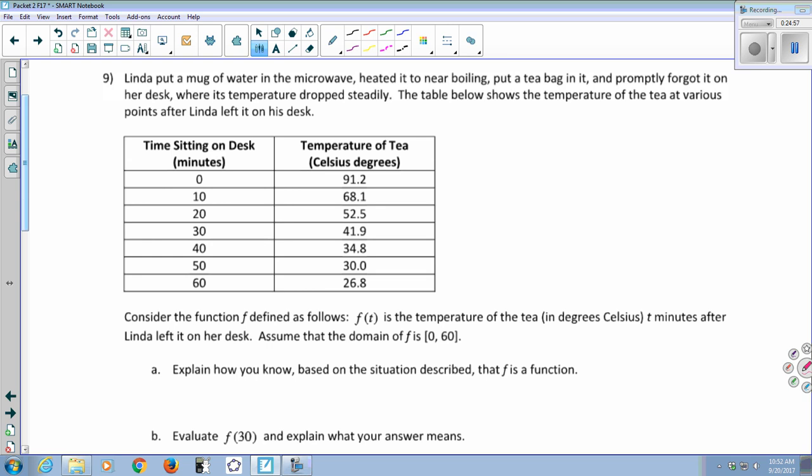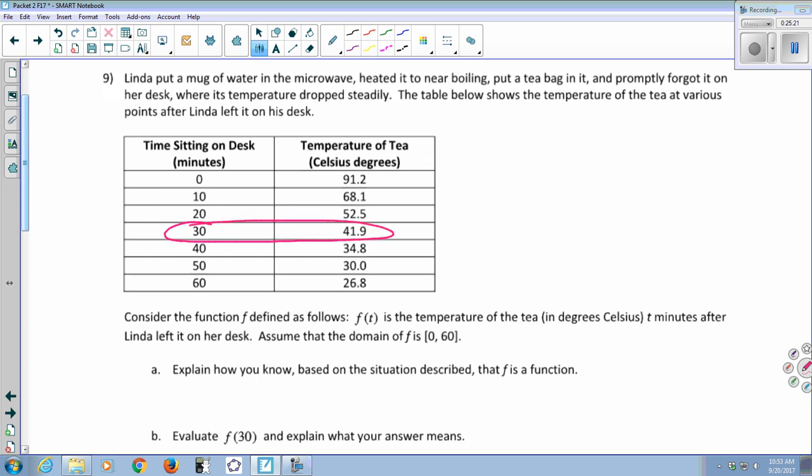Explain how you know, based on the situation described, that F is a function. Because at any given time, your tea can only be one temperature. At any given moment, the tea can only have one temperature associated with it, so it is a function. Evaluate F of 30 and explain what your answer means.